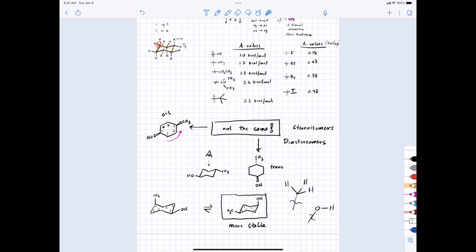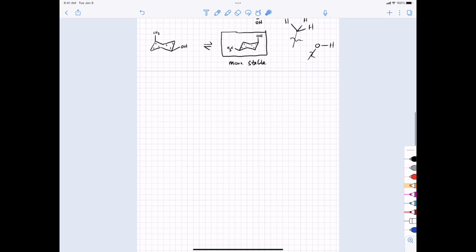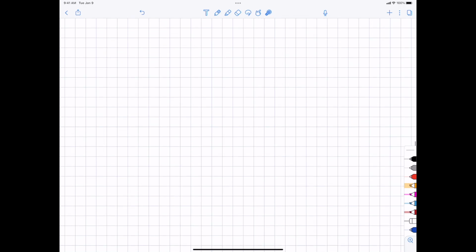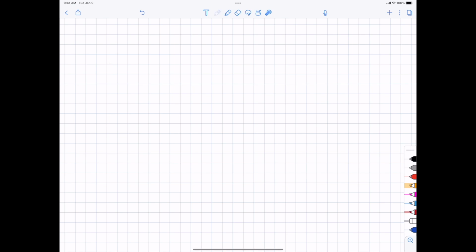Okay. Let's see. Couple other examples. One of my personal favorites. Now, here we're going to draw a carbohydrate, and I forget which one we're going to draw.